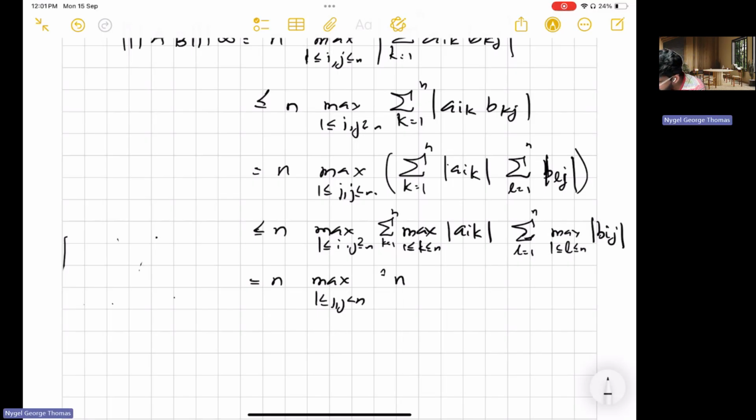How do you write this? This is not the infinity norm of a, right? What is the infinity norm of a? Just have to take the max terms, for k varying from 1 to n. Also, you have to sum over it, so the indices have to move, right?